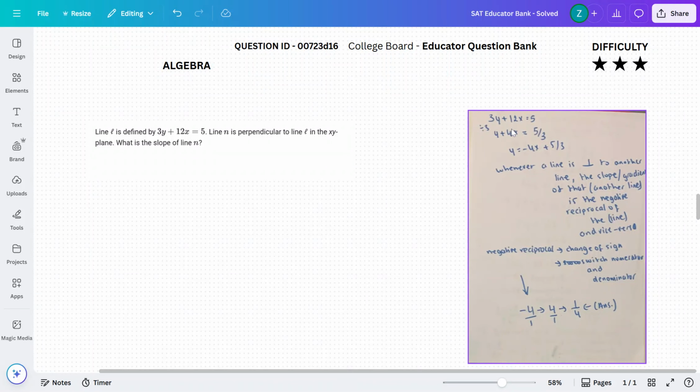I just want to clarify that 3y plus 12x equals 5 is already a straight line. When I say I want to render it a straight line, it's more understandable to say that I just want to simplify it into an isolated y equation, because I want to make it extremely easy to follow, because we have y equals mx plus c.